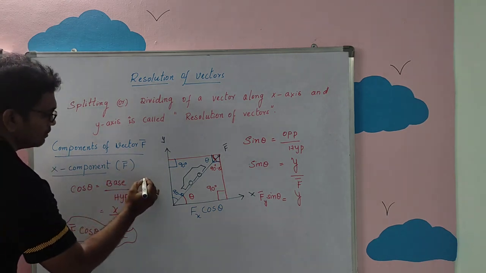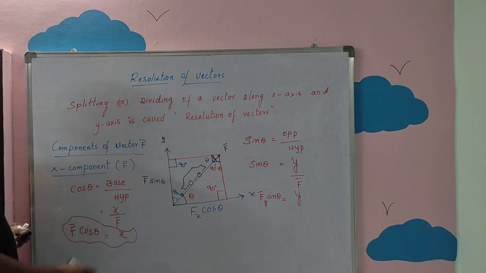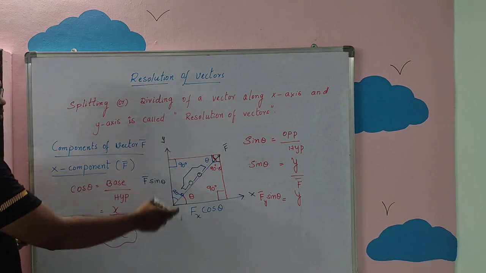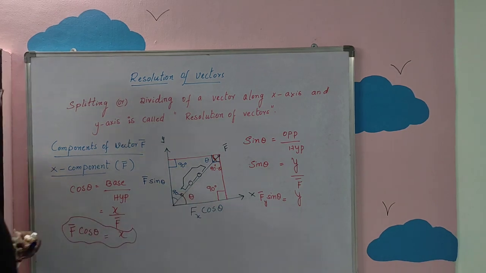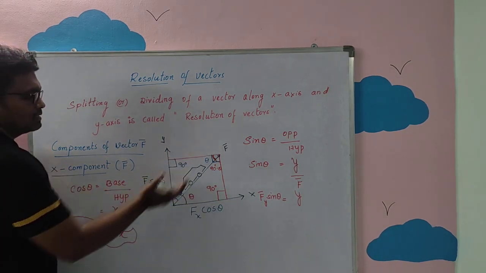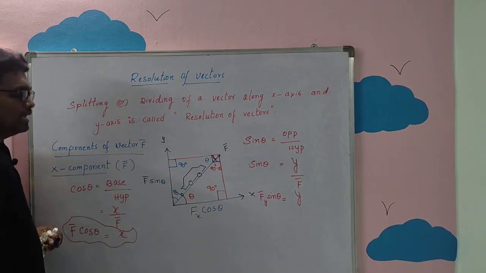It is F sin theta. So, F sin theta is the force component along the y axis, and F cos theta is the force component along the x axis. So, in this way a vector can be resolved into components along the x axis and components along the y axis.